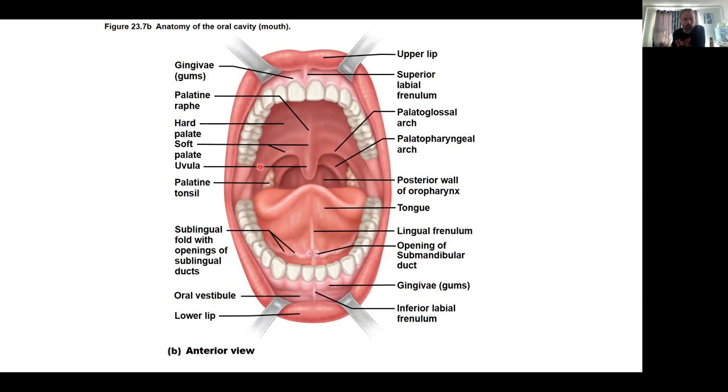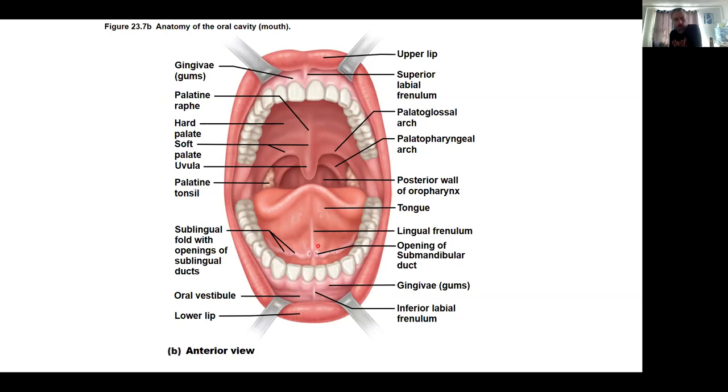Obviously, of course, we have teeth, right? We have connections between the lips and the gums, which we're going to call gingivae, or gingiva is the singular. This is a frenulum, so we have a superior labial frenulum, labial here meaning lip. So the superior labial frenulum connects the gingiva of the upper jaw to the upper lip, and the inferior labial frenulum connects the gingiva of the lower jaw to the lower lip.